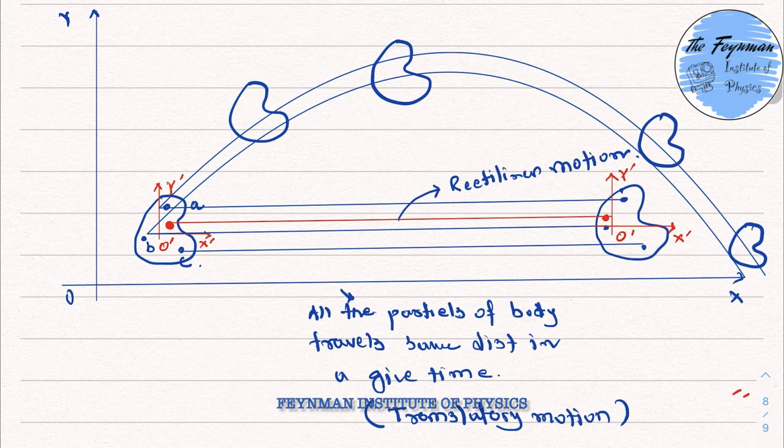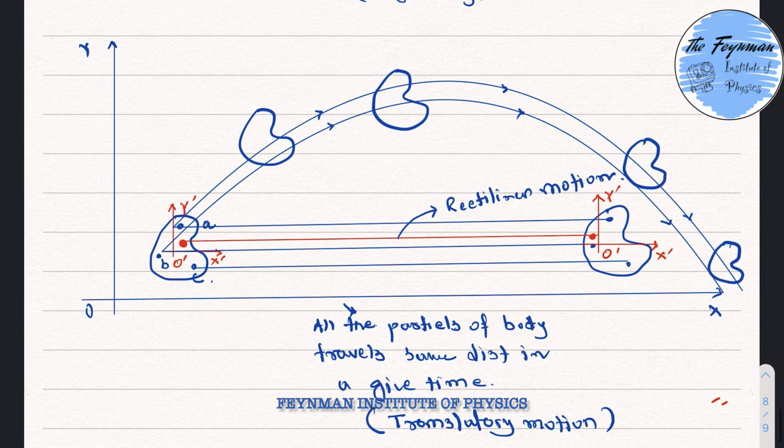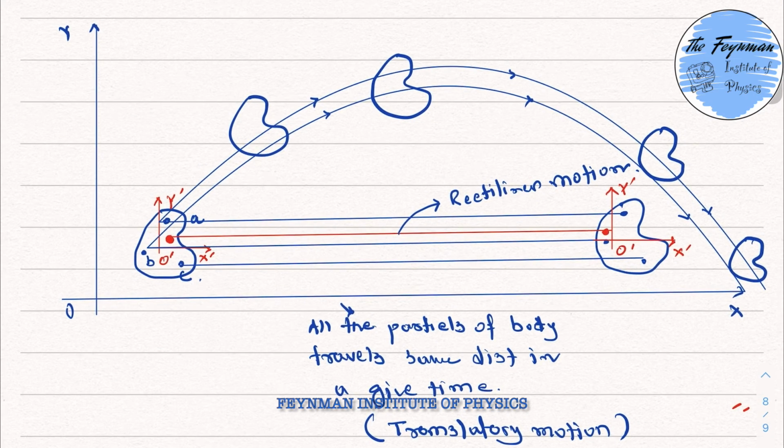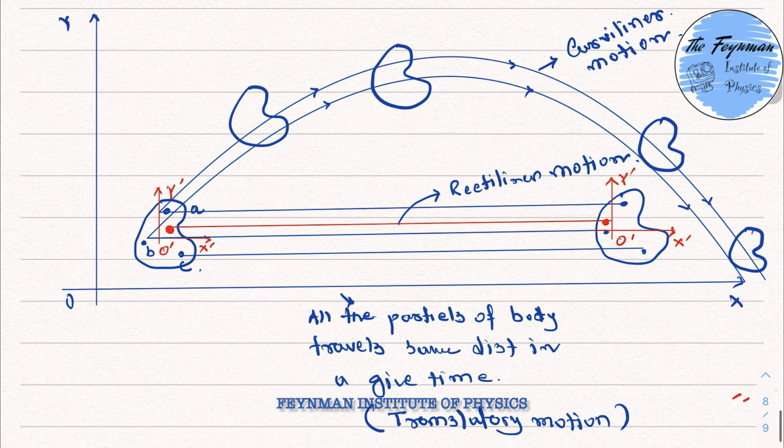So this kind of motion is also a translatory motion, because all the particles move covering the same distance in a given time, but not in a straight line path. So this is called curvilinear motion.